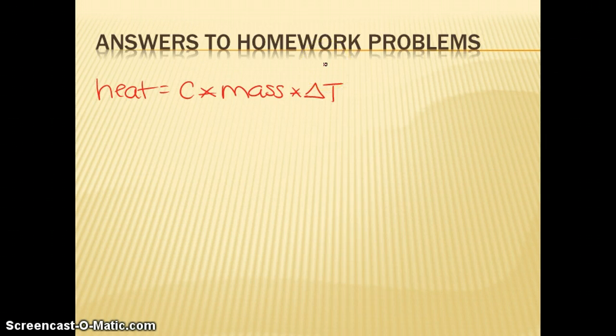So for this problem, we are told that the mass is 80 grams, and that the temperature is being raised from 10 to 25. So we take high minus low, right? 25.0 minus 10.0, okay, gives us 15.0 for our temperature change.